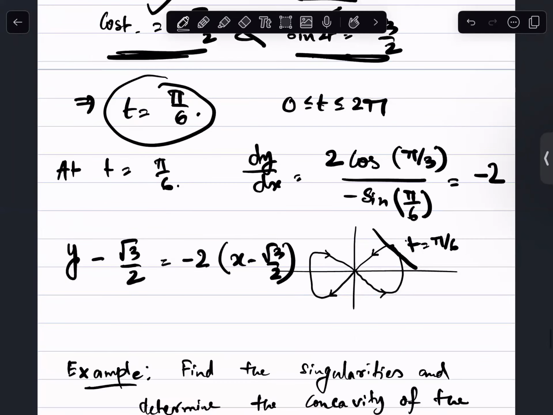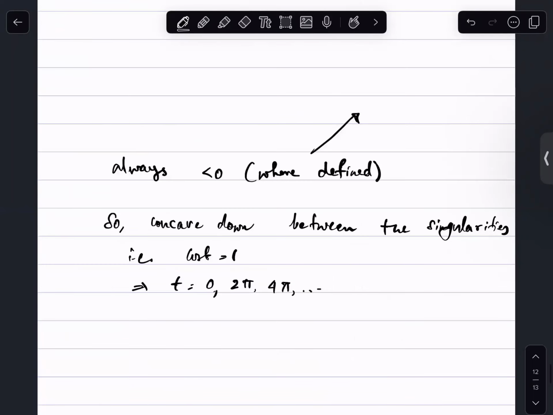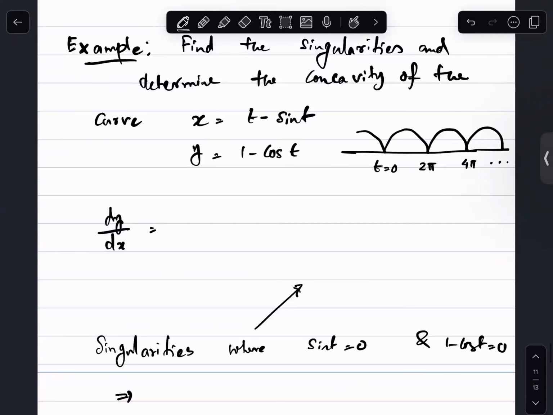Yeah, so maybe this is the last example. For this example, I have to find the singularities of this parametric curve and determine the concavity of the curve. Remember, for the singularities, I need to evaluate dy dx.